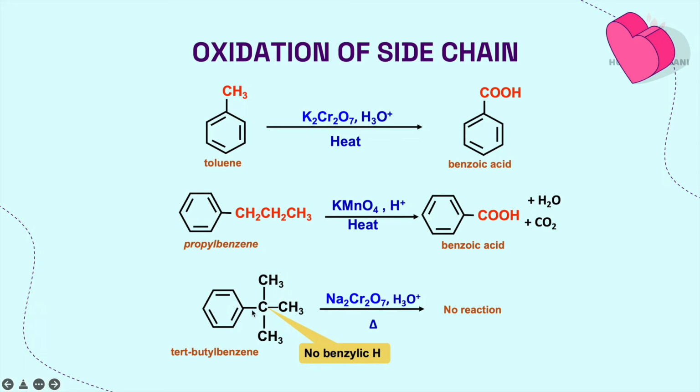The carbon that is attached to the benzene ring and that has hydrogen, that carbon will only undergo oxidation. Other carbons, they are not attached to the benzene ring, so they will not undergo oxidation. Since this carbon has no benzylic hydrogen, no reaction happens because there is no hydrogen on the carbon attached to the benzene ring. No reaction over here, no oxidation will happen.